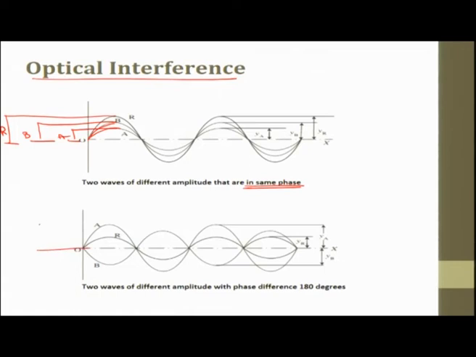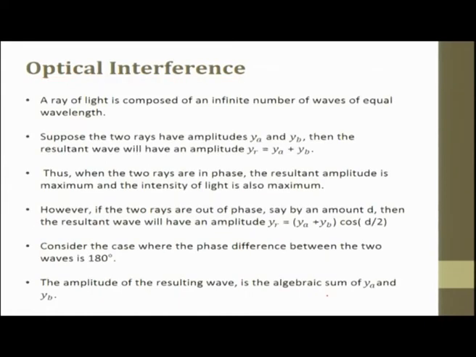So, here you see amplitude A is larger than amplitude B, so A minus B gives you a resultant R. This is YR, YA, YB. So, here two waves of different amplitude with a phase difference of 180 degrees, you can see there is a subtraction happening between the waves. This is the concept for creating interference patterns.